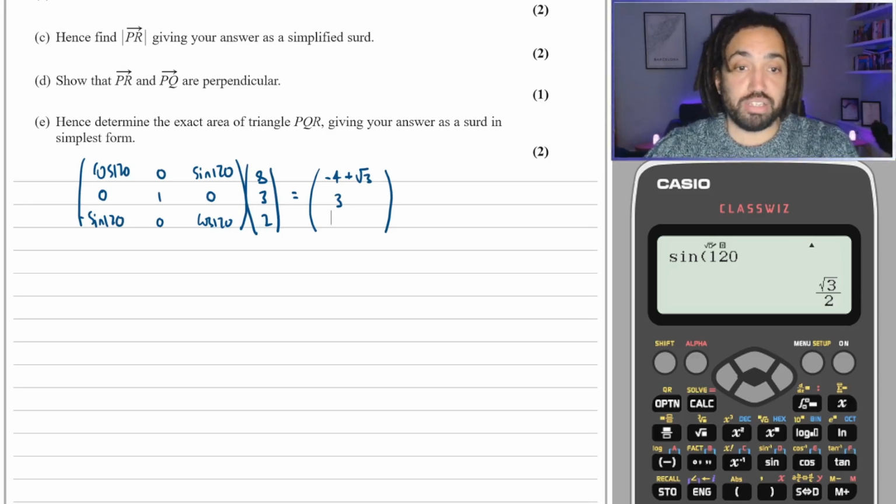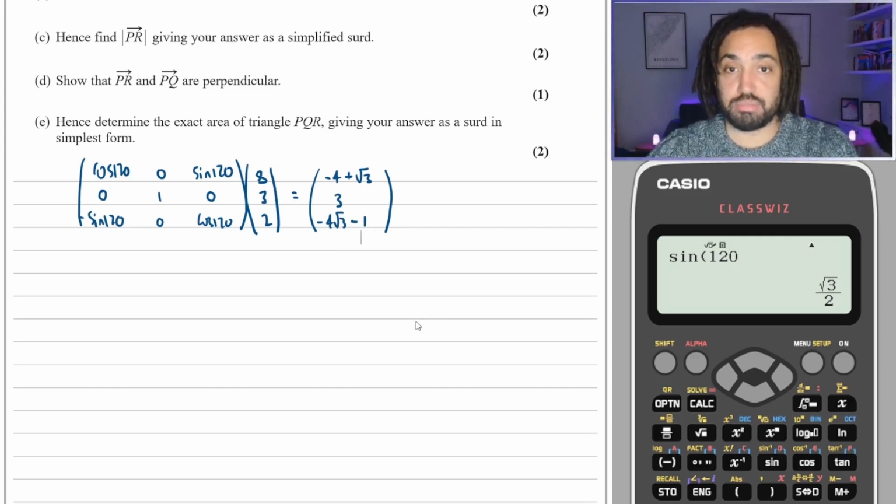Okay, so we've got minus sine of 120, it's going to be minus root 3 over 2, and I'm multiplying that by 8, which is going to give me minus 4 root 3. And then I've got 0 times 3, 0. Cos 120 was minus a half, and we're multiplying that by 2, so that gives you minus 1.